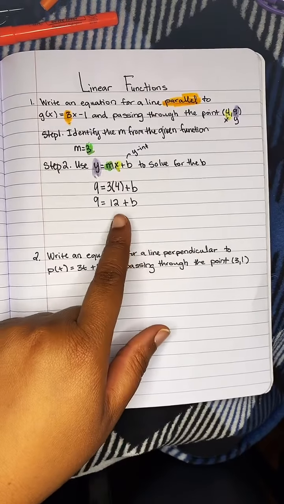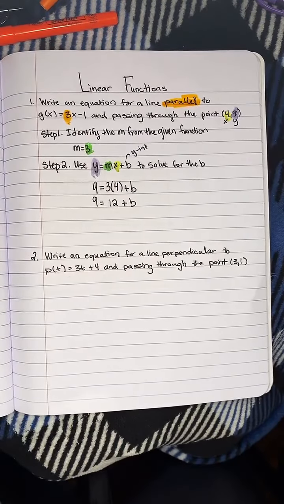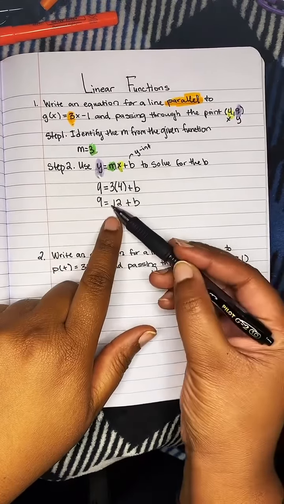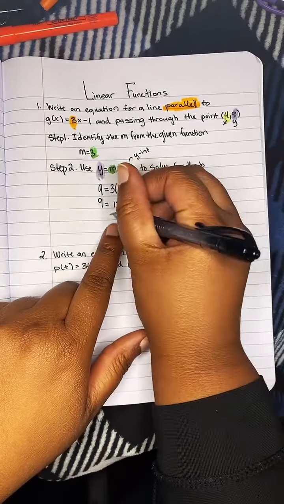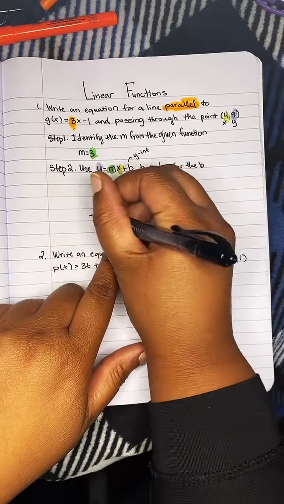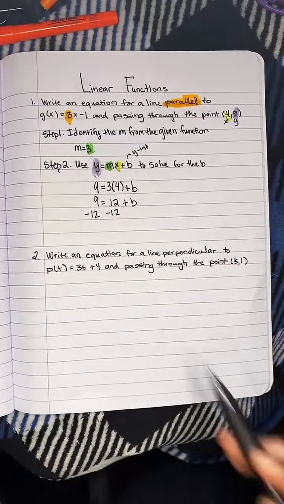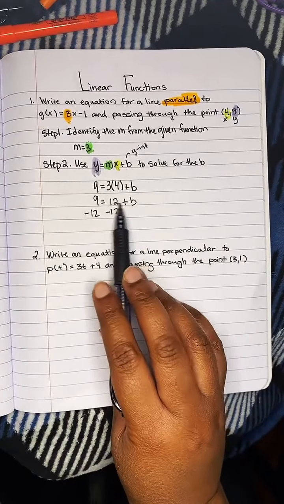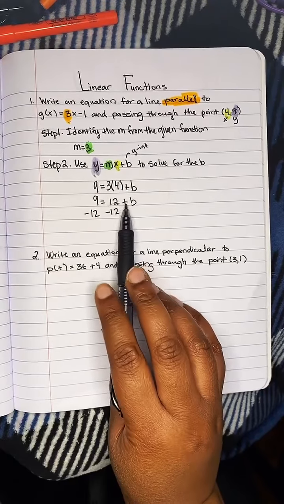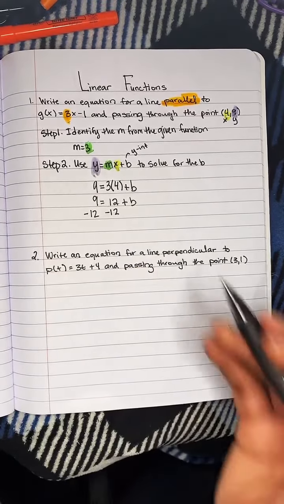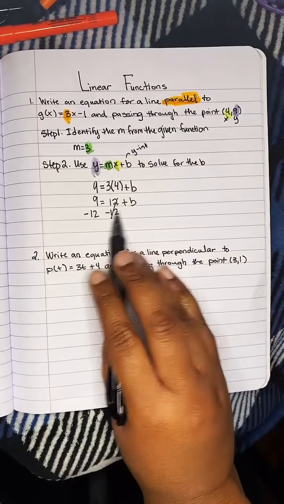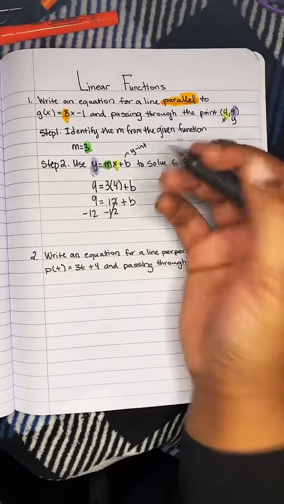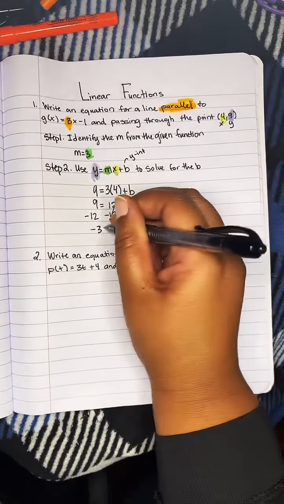Do we divide or do we subtract? This is a positive, so we have to do the opposite and subtract. Remember, we can only divide if these two are multiplied together. That undoes multiplication, but we can't do that here. I hope that makes sense why we are not dividing, because these are not multiplied. So 9 minus 12 gives us negative 3 equals b.